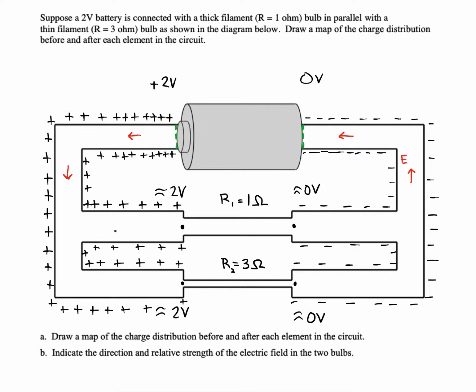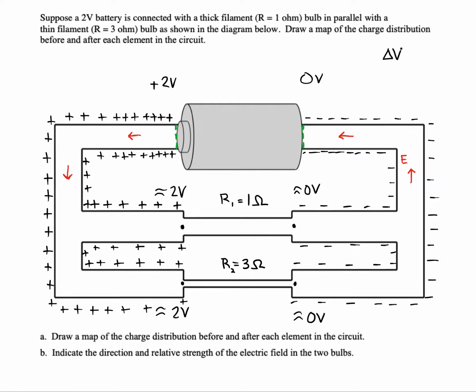All right, now I'm not going to draw the field inside the conductors leading to the bulbs just yet. Okay, but one thing I can do is I can draw the field inside the bulbs themselves. Now, in order to reason out what the field should be like at those locations, we might want to think back to the past, and there was a formula for field.